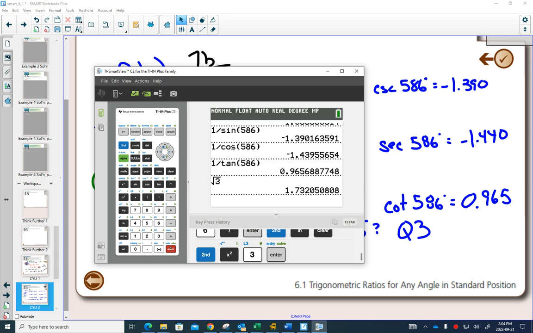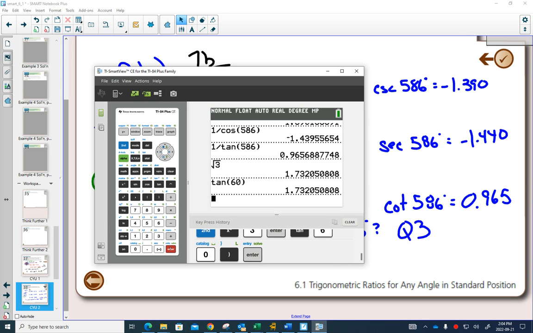So, for example, the question said, find tan of 60. So you went, okay, 1.732050808. But the textbook's answer said square root of 3. So right now, we can just do the decimals. If they have a square root, type it in to double check if they're the same.